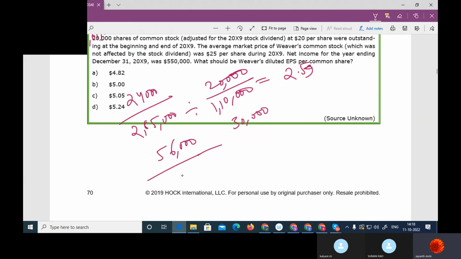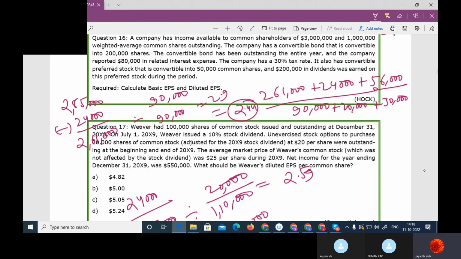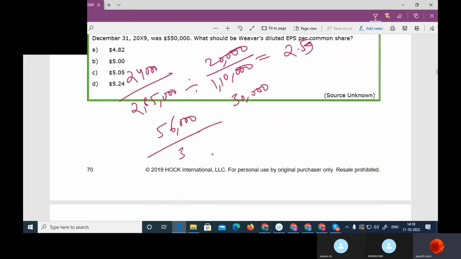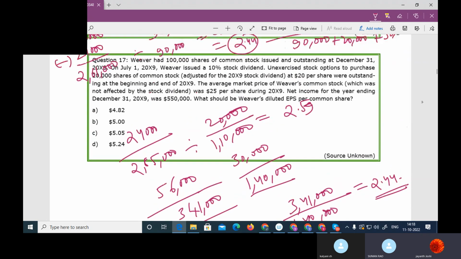So your numerator is how much? 3,41,000. And here you have 1,40,000. So when you divide, you get approximately 2.44. This is the step-by-step way.